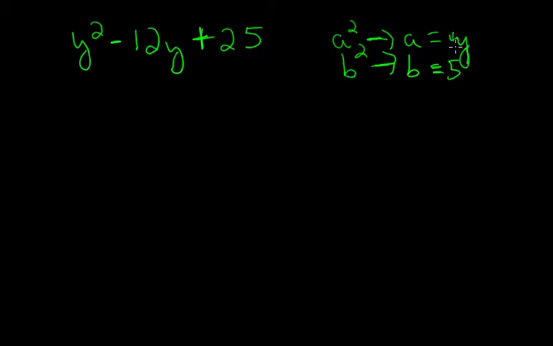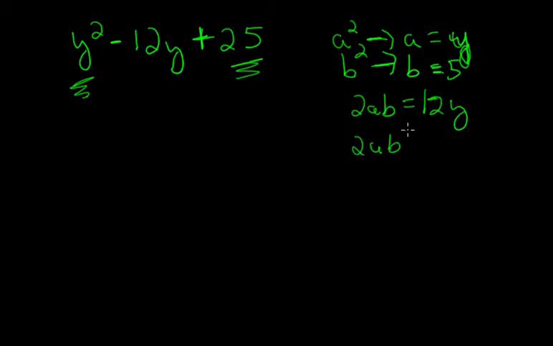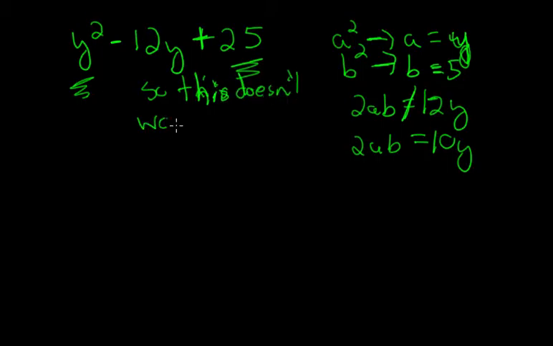Right? So if this is going to work, the square roots of these things are going to be a and b. But we want 2ab to equal 12y. Well, when I multiply 2 times 5 times y, 2ab does not equal 12y. It actually equals 10y. And so this doesn't work as a perfect square.